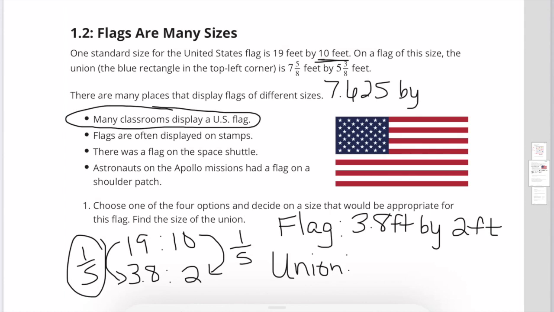And then 5 3/8 would be 5.375. Okay, so 7.625, when I scale it by 1/5, would now be what size? Okay, so now it's 1.525 feet.